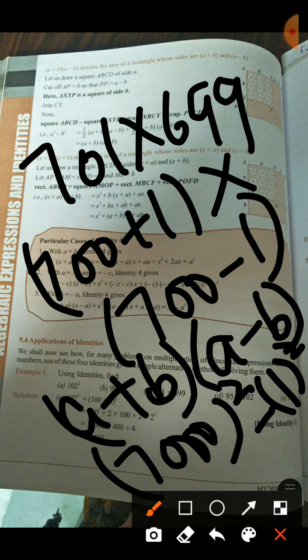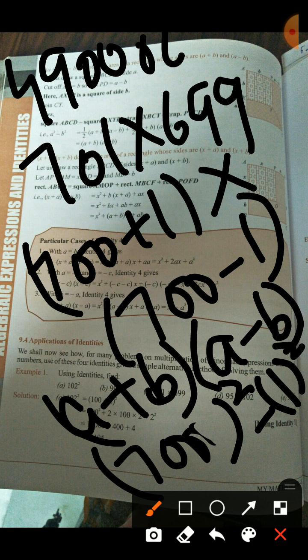Doing the square of 700 is also easier. It will be equal to 49 and 4 zeros. How 49 and 4 zeros? Because you can write 700 as 7 into 100, and writing 700 two times, you can write 7 into 100 into 7 into 100. Multiplying 7 into 7, you will get 49.